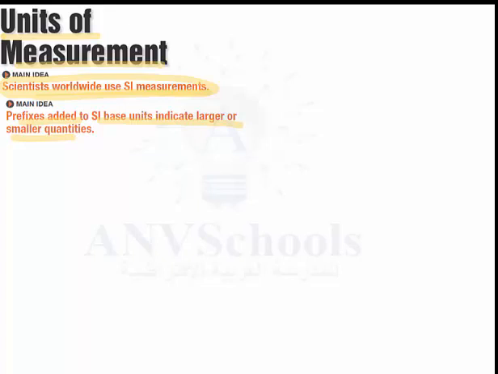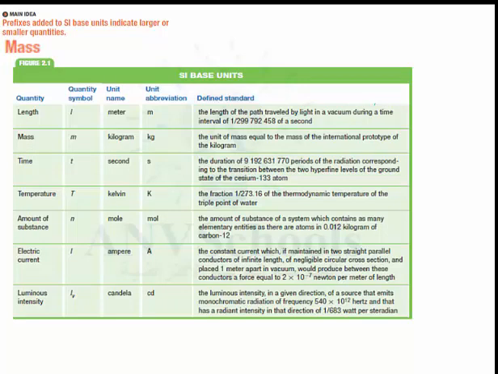So the 7 SI base units are the standard, and their standard abbreviation symbols are listed in a figure here. What we have here is what we are calling the base units: length, mass, time, temperature, amount of substance, electric current, and luminous intensity.